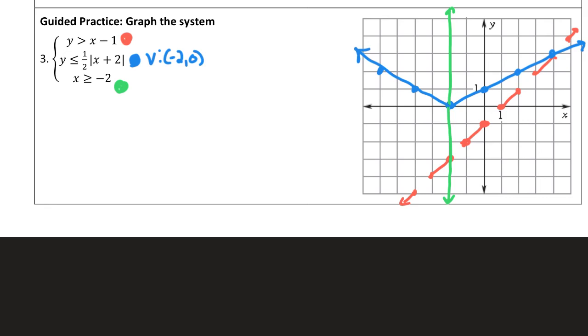So to make all of this show the overlap, greater than this red line, less than the blue, greater than the green. So that would be, and I'm going to do it in gray here, that area for the shaded region.